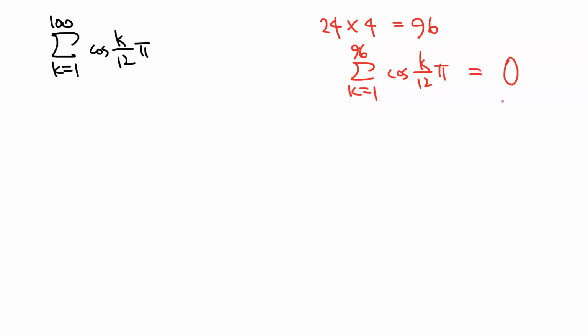Okay, now let's calculate this sum. We are going to use the periodicity of 24, and since 24 times 4 gives us 96, we have the sum from k equals 1 to 96 of cosine k over 12 pi equals 0.